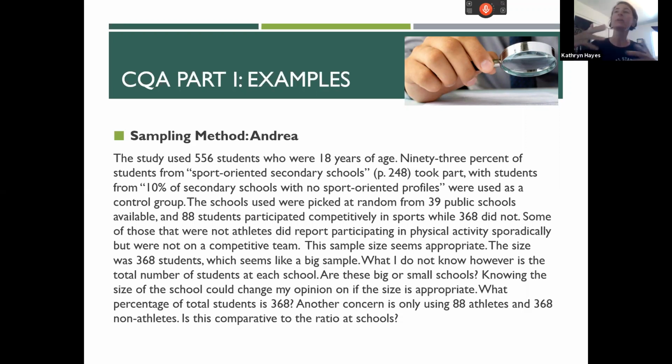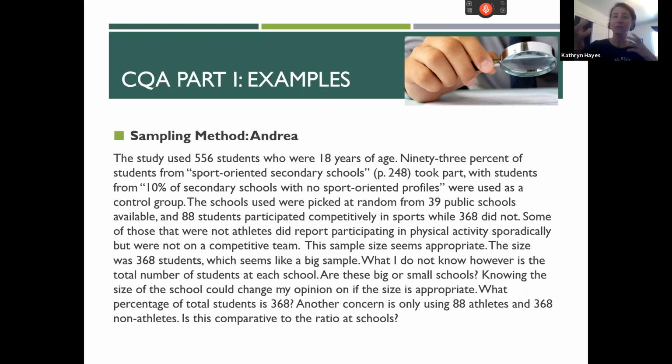So here she's reporting this because she's maybe not learned as much about sampling yet, but she starts to think about this. She says the sample size seems appropriate. This seems like a big sample, so that's great. She's already starting to do some critiquing. But then she says, what I don't know is the number of students at each school. So are these big or small schools?